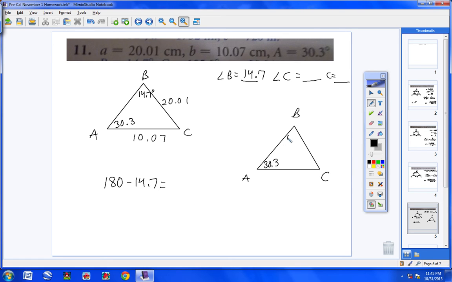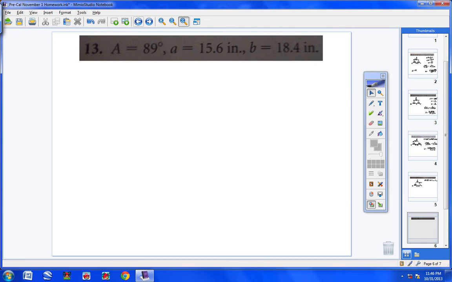So that's what goes right here, 165.3. Now, if you add those two angles together, you're already at 195 degrees. So there's no way this angle exists with this angle in such a way that we have a triangle. It does not exist. So we do not have, thankfully, another triangle to solve for. So we'll just stick with this one right here.